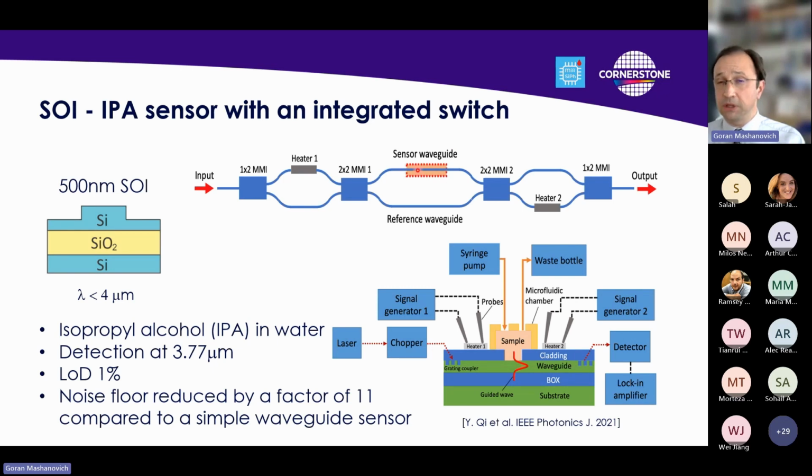So that's where the optical mode interacts with IPA. And then we have a reference waveguide, which is covered with cladding. So there is no interaction with IPA in water. And then by using this heater, we can switch between the sensor waveguide and the reference waveguide. And by using just one detector, we can get this limit of detection. And the noise floor was reduced by a factor of 11 compared to a simple waveguide sensor.